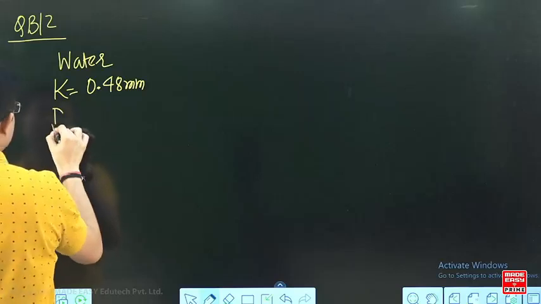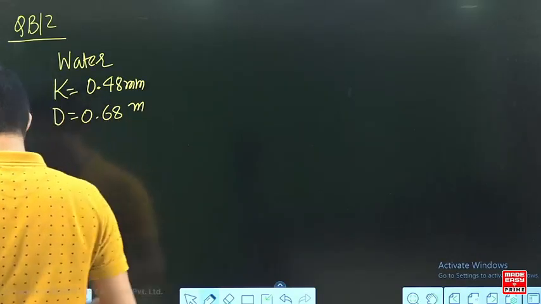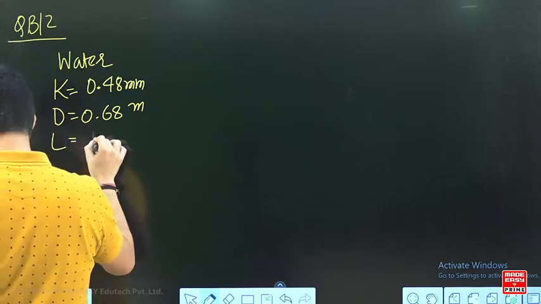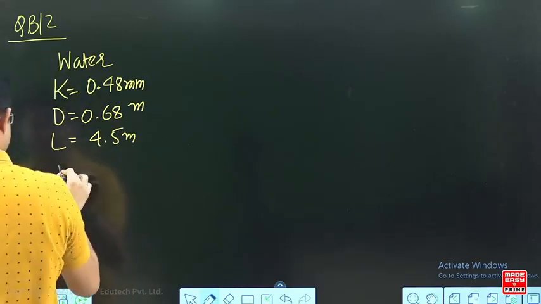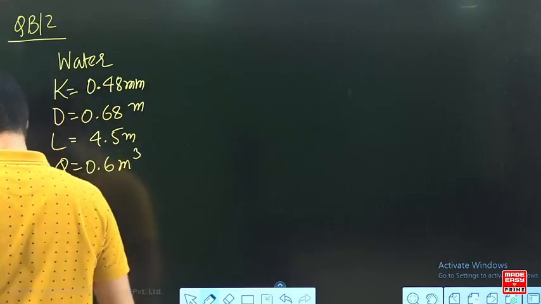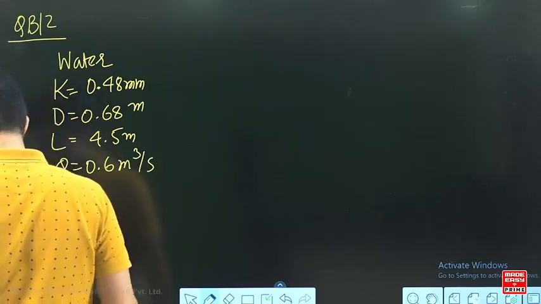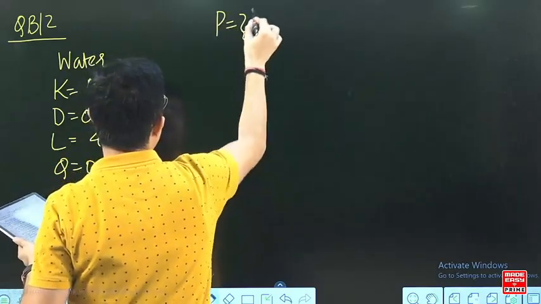The diameter of the pipe is given as 0.68 meter. The length of the pipe is given as 4.5 meter. Discharge is given as 0.6 meter cube per second. Then he says, find the power required.